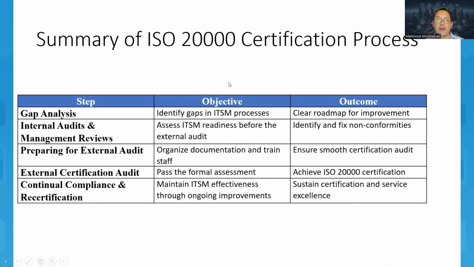As a summary, the ISO 20000 certification process starts with gap analysis. The objective of this step is to identify the gaps in IT service management processes, and a clear roadmap for improvement will be the result. The next step is to perform internal audits and management reviews to assess readiness before the external audit.